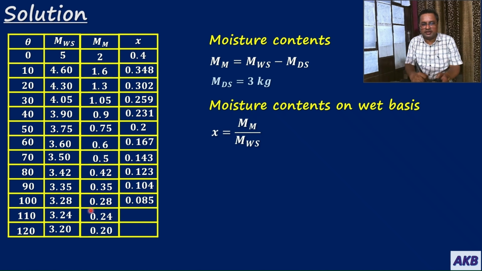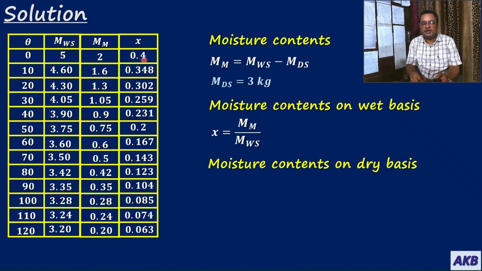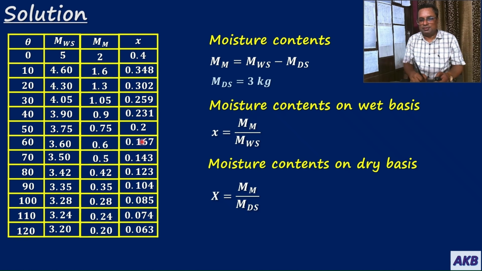Then 0.28 divided by 3.28 is 0.085. Then 0.24 divided by 3.24 is 0.074. And the last one is 0.2 divided by 3.2, that is 0.063. So in this way, we get moisture content on weight basis after every 10 minutes.